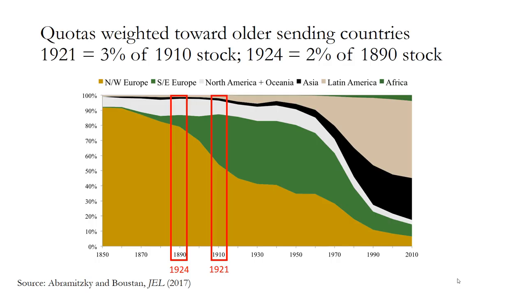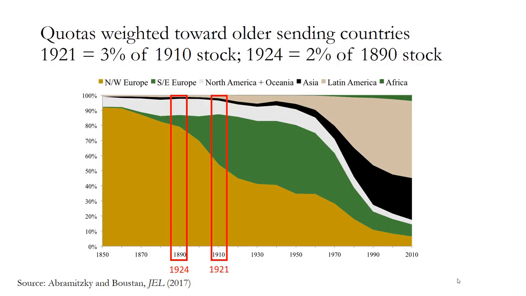Now, what we can see illustrated in this picture is how the policy changes over the course of the 1920s. The 1921 policy, which is illustrated here, took 3% of the 1910 stock of immigrants, broken down by country of origin.